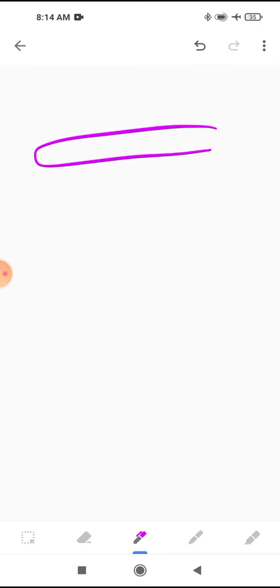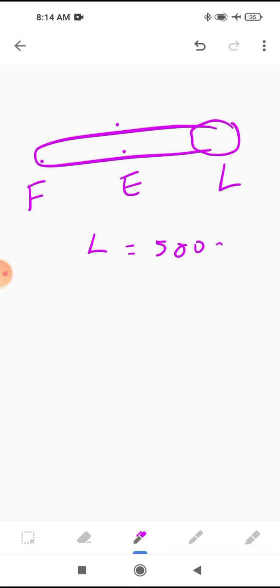For a fire tongs, here is the fulcrum, here is the point where we are applying the effort, here is the load we keep. The load kept here is 500 gram force. Okay, it is 500 gram mass, means weight or load is 500 gram force.